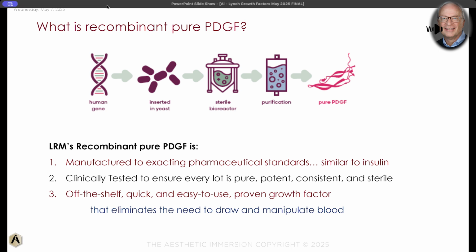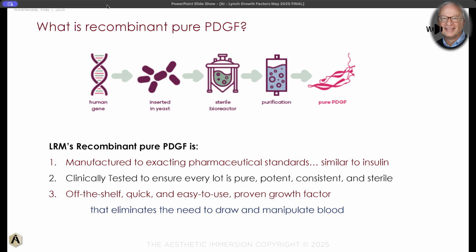Now, this may sound kind of complicated and maybe scary if you don't really understand it. But I want to give you an example that I think will put your mind at ease. Up until maybe 30 years ago, insulin used to be extracted from pig and bovine pancreatic glands, right? We used to get insulin to treat diabetes from pig pancreases.